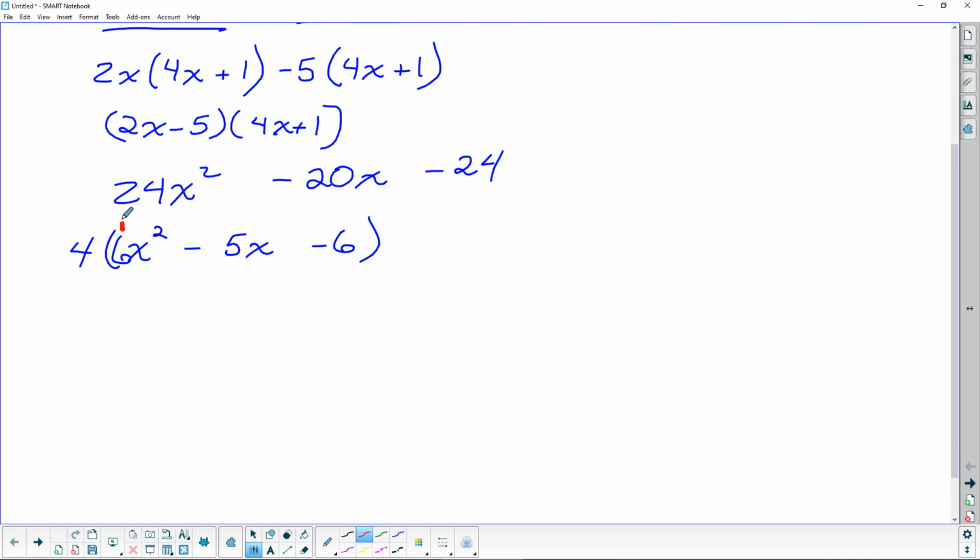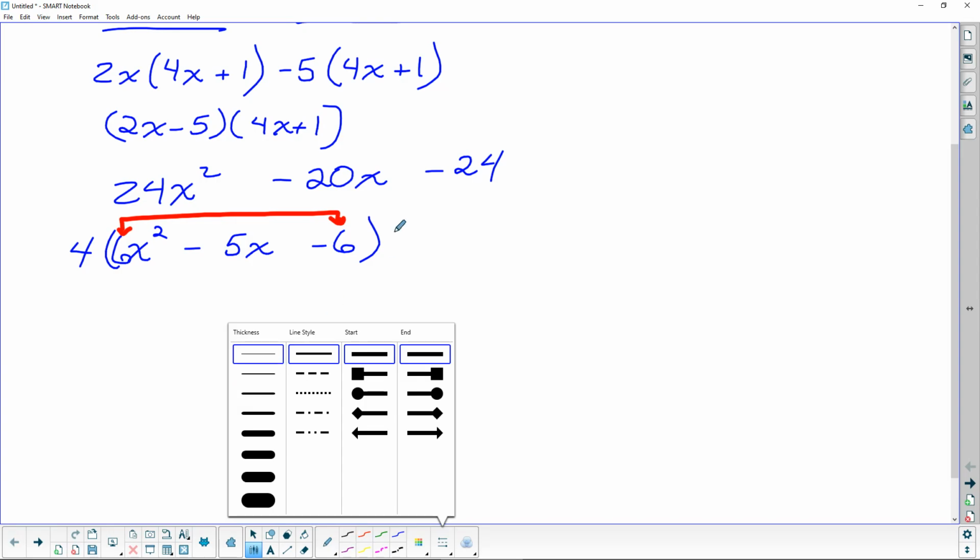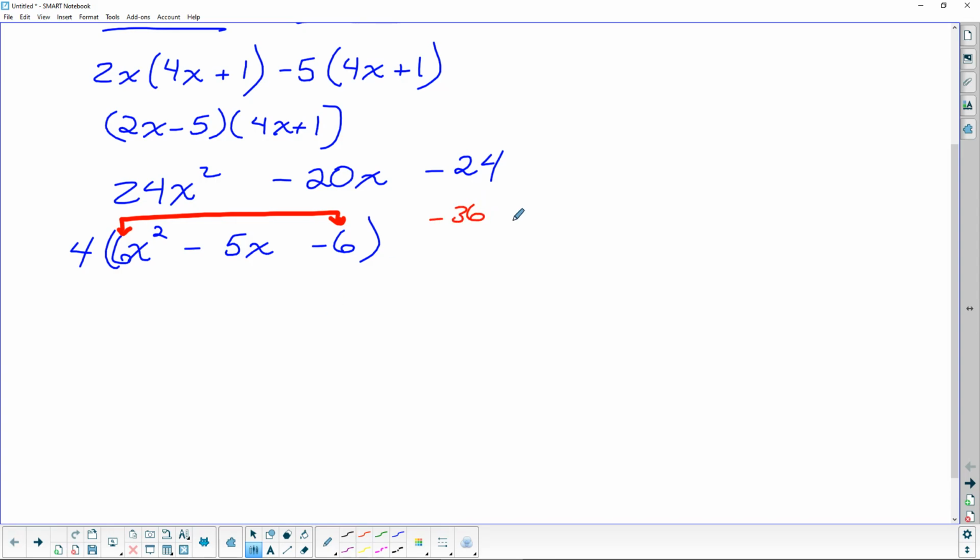Okay, so if I was doing decomposition, so that's negative 36. So that's 1 and 36, 2 and 18, 3 and 12, 4 and 9, 6 and 6.